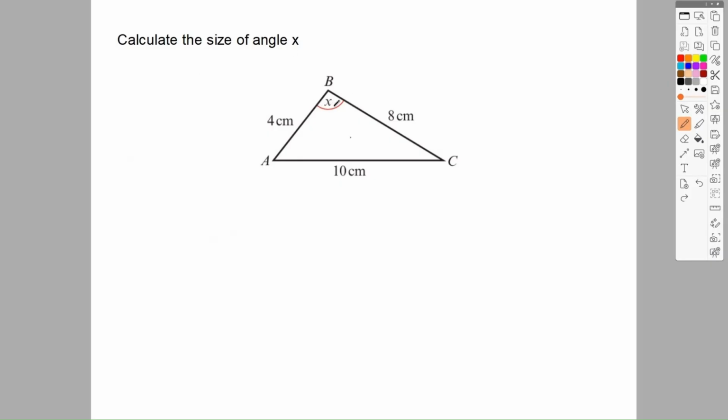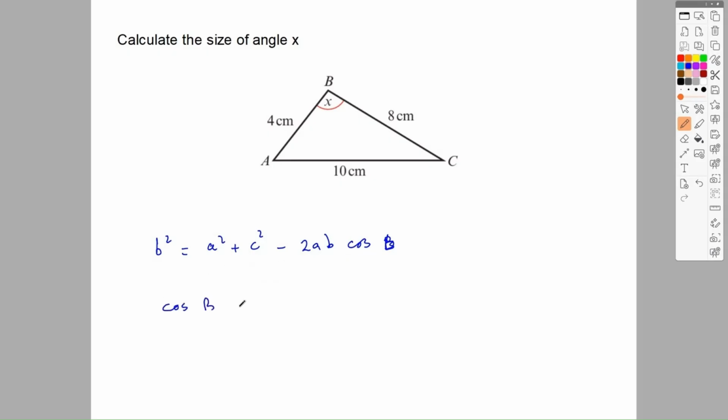Calculate the size of angle X. So I have three sides, so I will use the cosine rule again. So b squared, because I have to find this angle, equals a squared plus c squared minus 2ac cosine b. So now let us rearrange the equation to find cosine b.